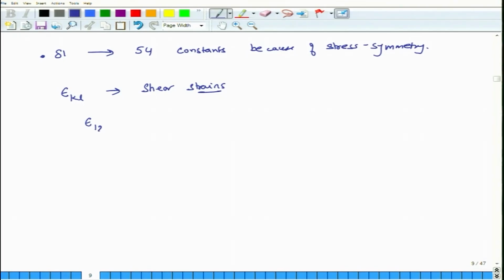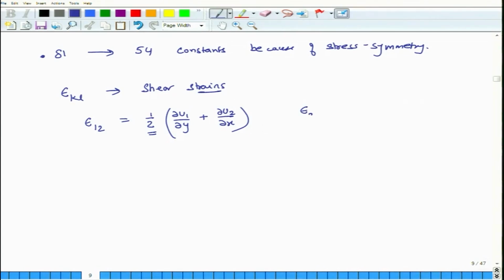So, epsilon 12 is defined, if all these are linear strains, and these definitions you have already seen in your earlier textbooks, as half of del u1 over del y plus del u2 over del x. In your engineering books this half may not be there, because there we may be talking about engineering strains, but shear strain is half of that.